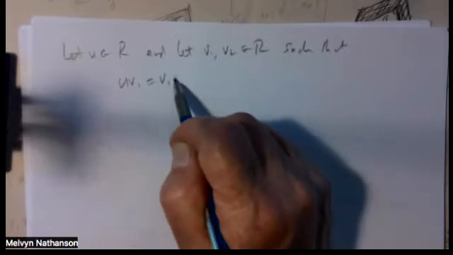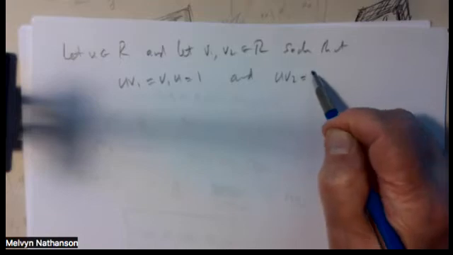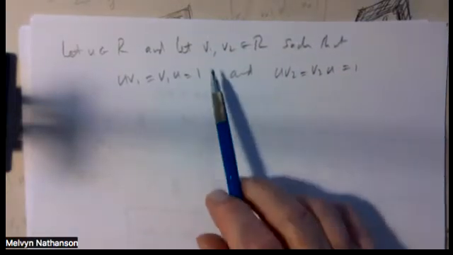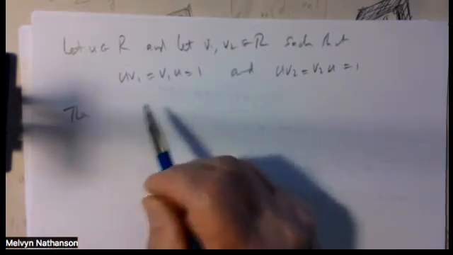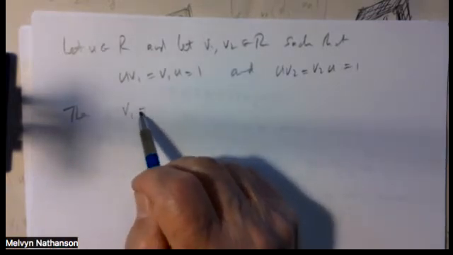So let U be an element in R and let V1 and V2 be elements in R such that UV1 equals V1U equals 1 and UV2 equals V2U equals 1. So U is definitely a unit, and we have two elements, V1 and V2, that satisfy our conditions. And what can I say about V1?